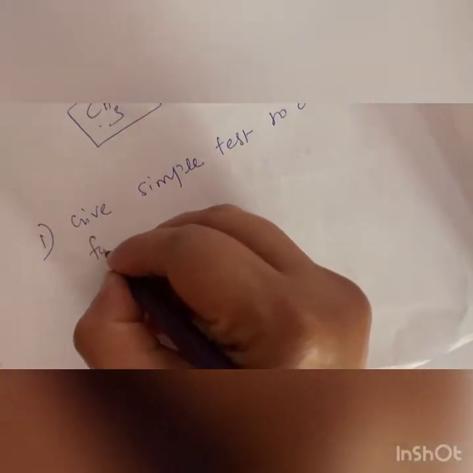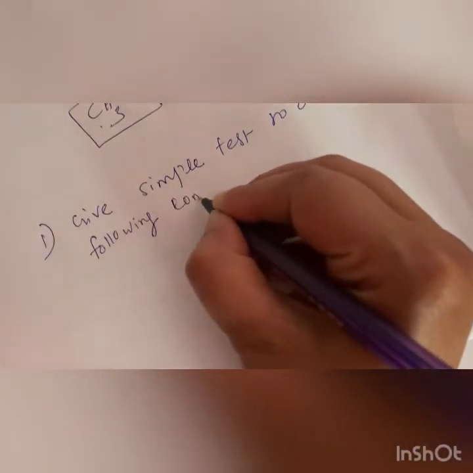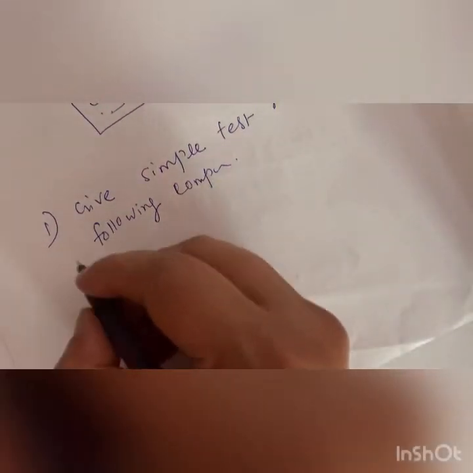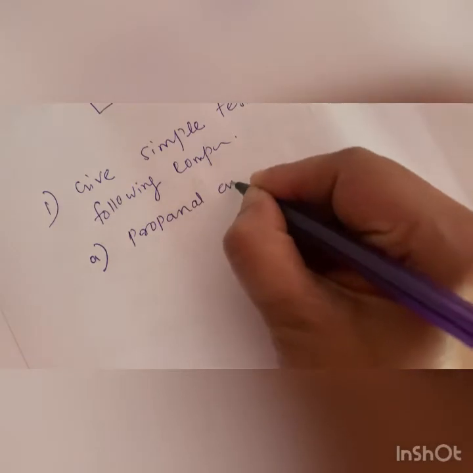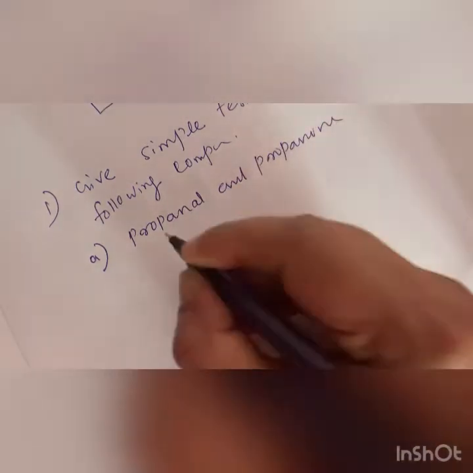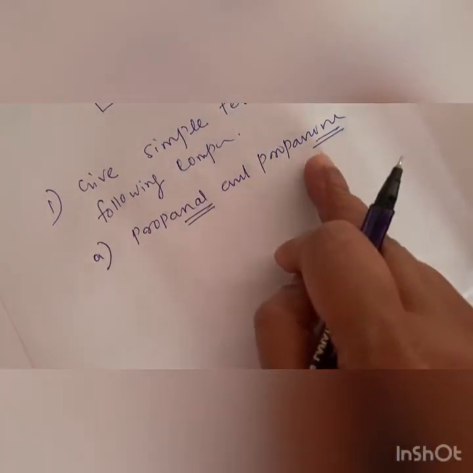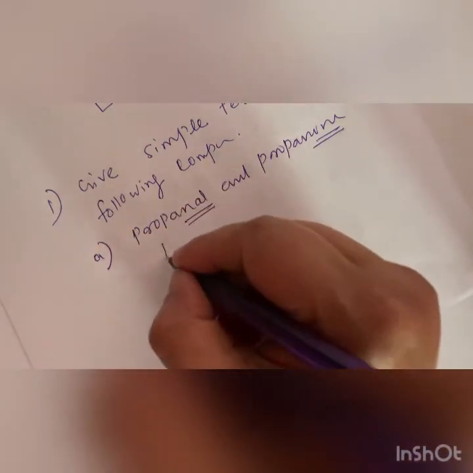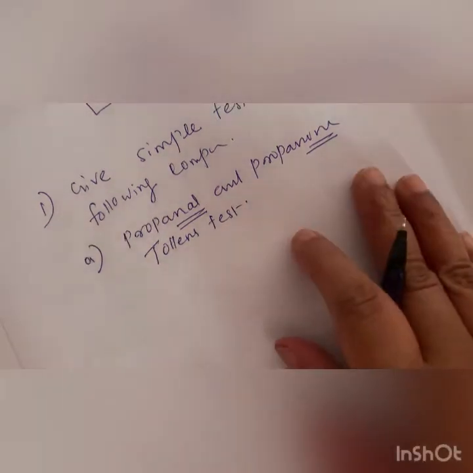The first one: propanal and propanone. So this is an aldehyde and this is a ketone. For aldehyde and ketone, which is the best test? Tollens test is the best one. If you want, you have to write the test also.